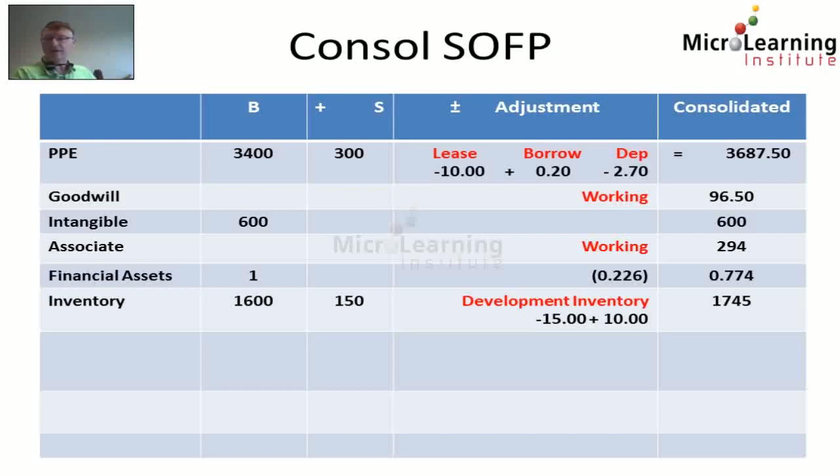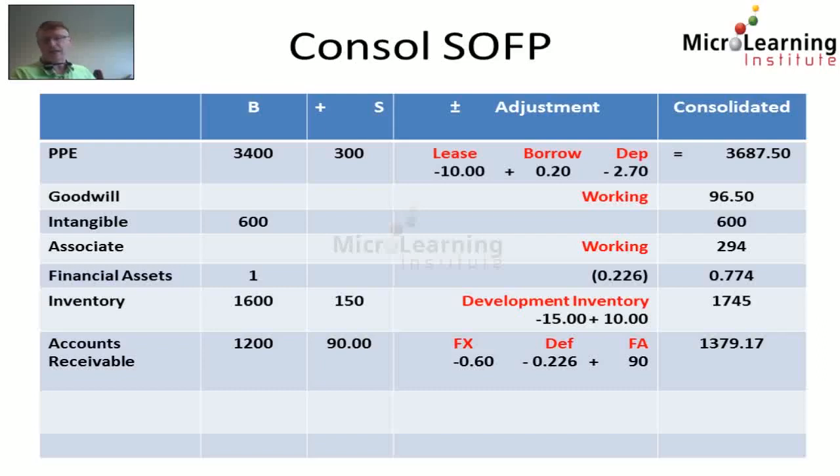So our consolidated inventory is 1,745. Accounts receivable in the individual companies is adjusted for a foreign exchange loss, the deposit for deferred consideration with regard to revenue, and the reinstatement of the financial asset or the accounts receivable.